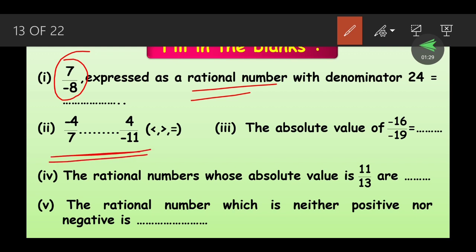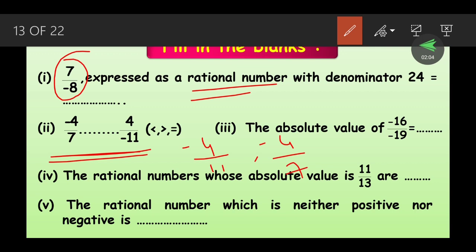So next. Minus 4 by 7. We have to compare 4 by minus 11. We can take minus upside. It will become minus 4 by 11. One is minus 4 by 7. For comparing, we need the same denominator. So 11 and 7, LCM is 77.